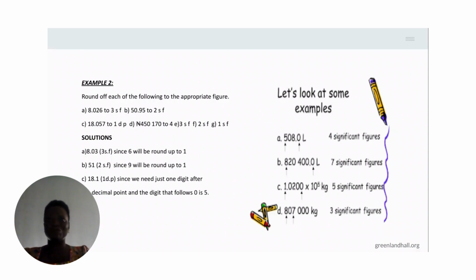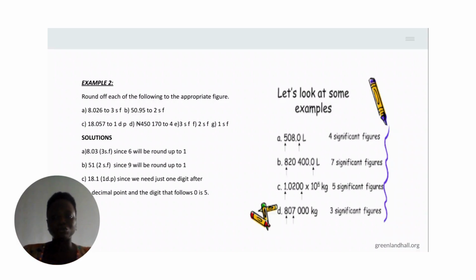That means the 0 is part of the significant figure, right? That means we're going to have 8.03 to three significant figures. We need just three values, all in all. Since the 6 will be rounded up to 1, we add it to the 2, then it will give us 3.